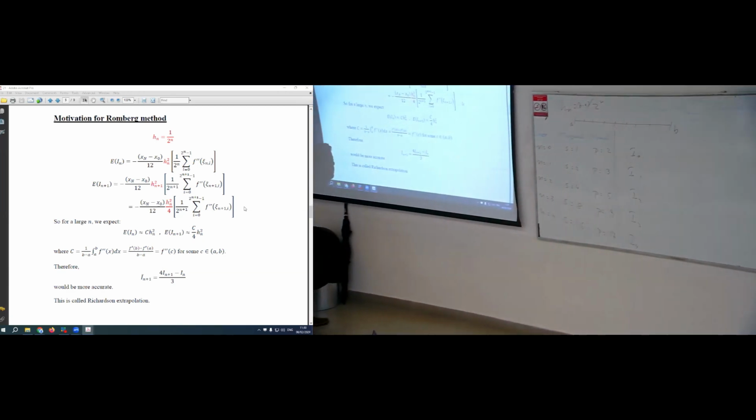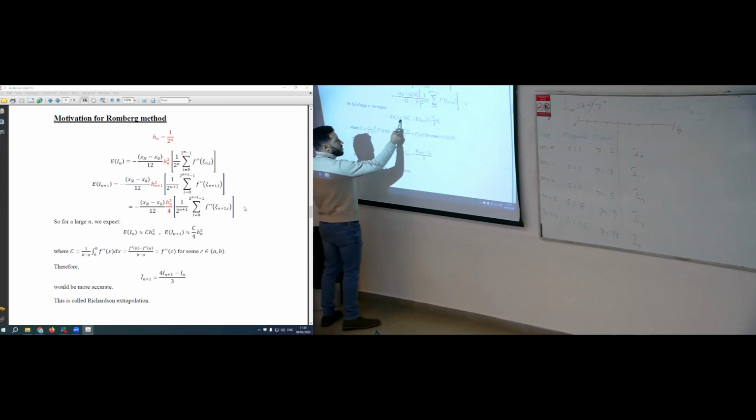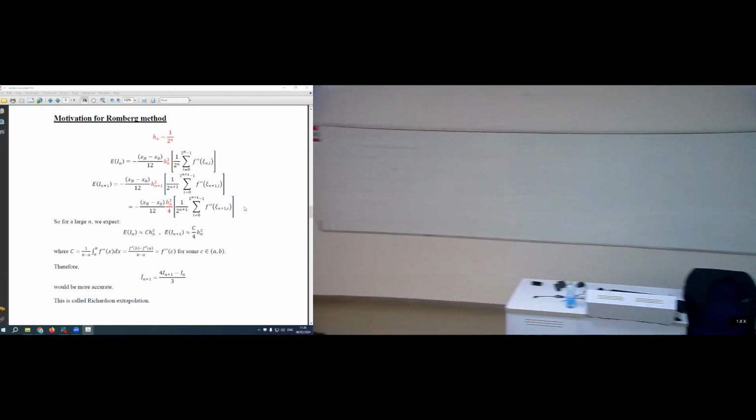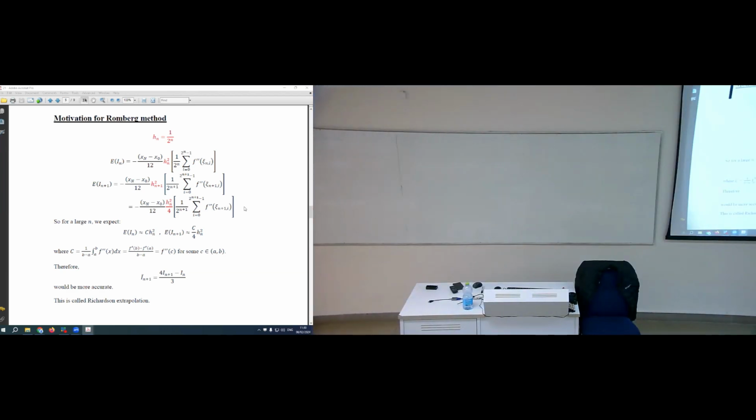So if you assume that this equals c and this equals c, I can find an approximation of the integral which doesn't have any error. Why? Because take 4 of this minus 1 of this, divided by 3, there's no error, if this equals c. But it doesn't equal c exactly.